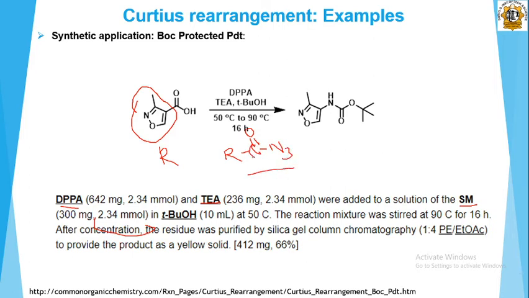First this will form, then this butanol or alcohol will give you protected amines.